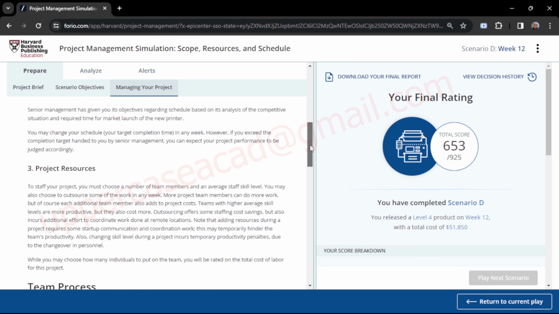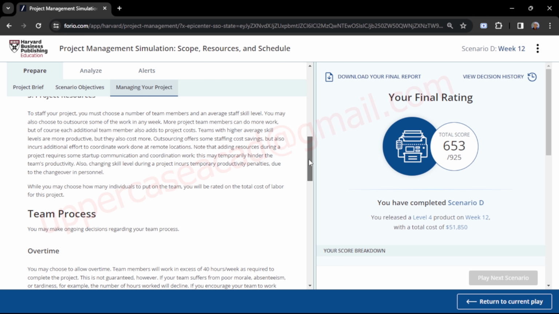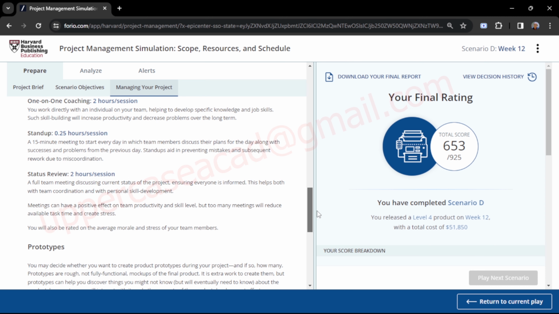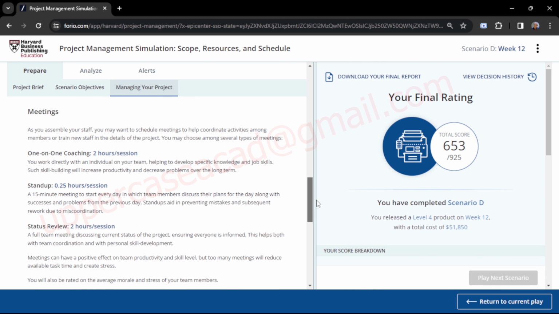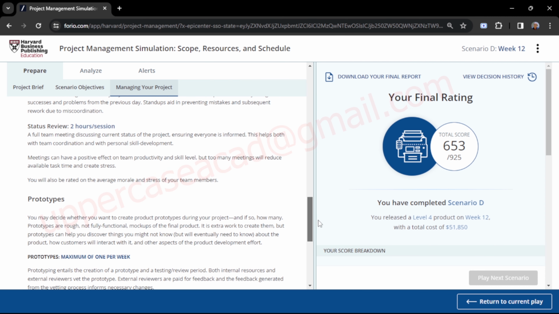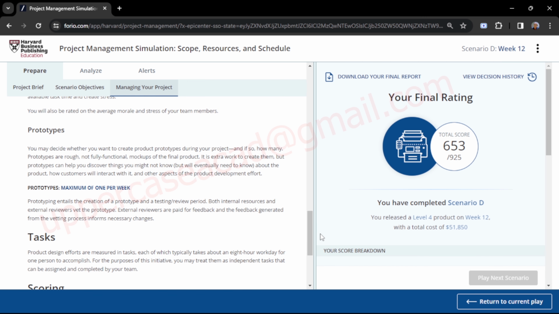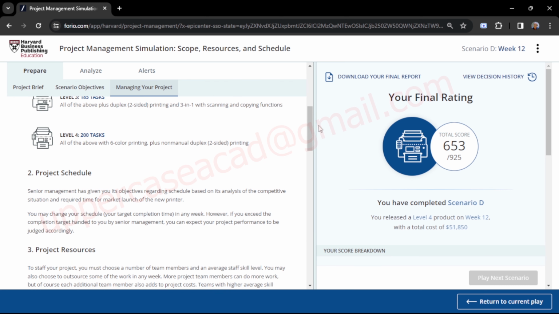Then the resources, I had to work with below or close to $40,000. I also have to hold meetings like the one-on-one, the stand-up, the status review, and I should decide the number of prototypes that I'll be offering.